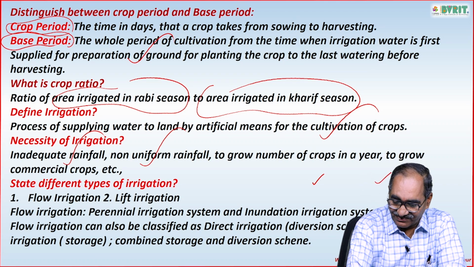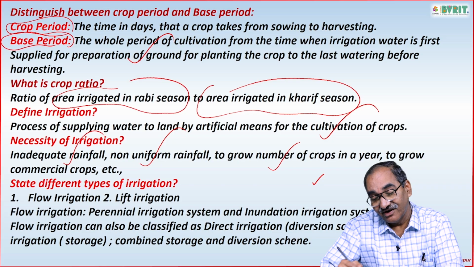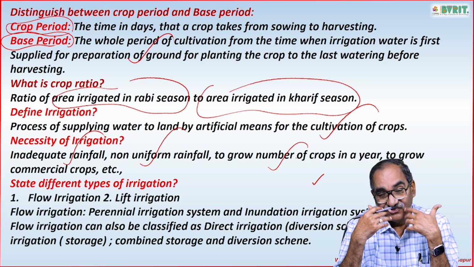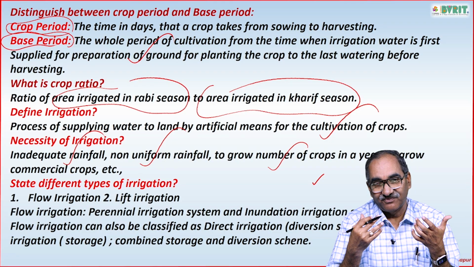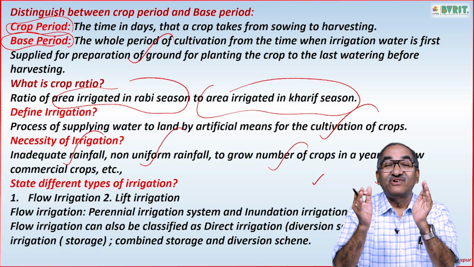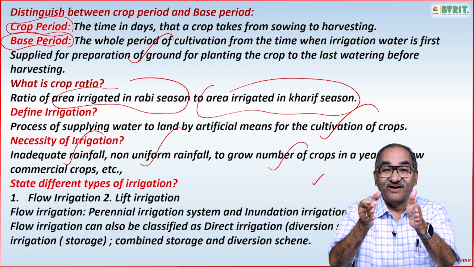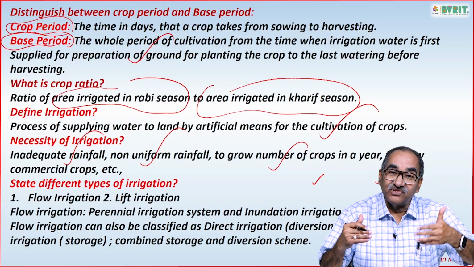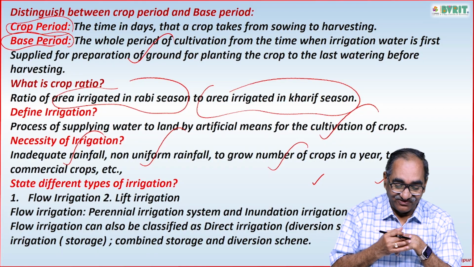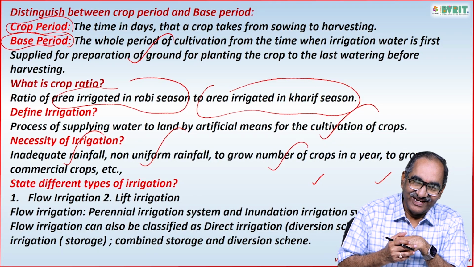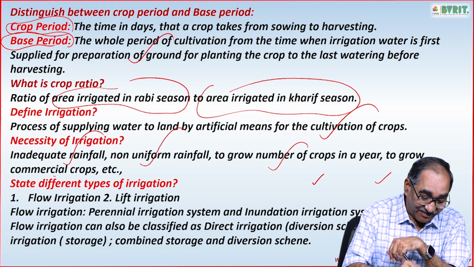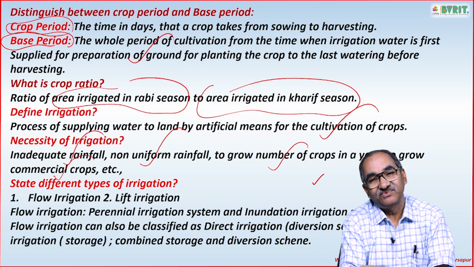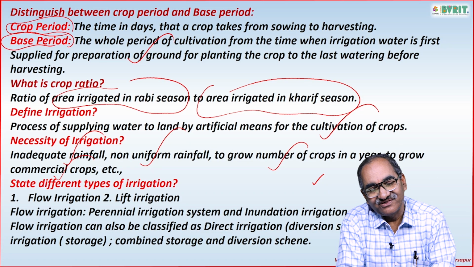And third thing is we want to grow a number of crops. We don't want to settle with only one crop which can be grown in the rainy season and then stop. We want to grow a number of crops, 2 or 3. Then naturally we need irrigation water. Then commercial crops throughout the year we want to make, so we need irrigation water.